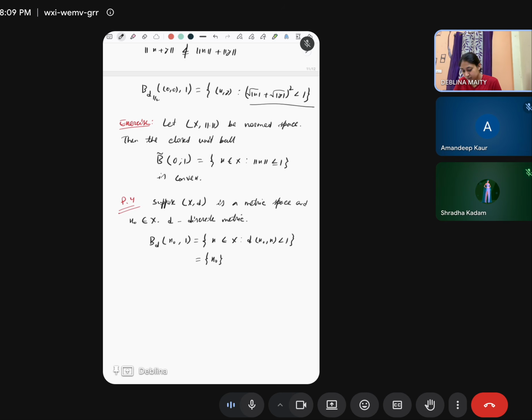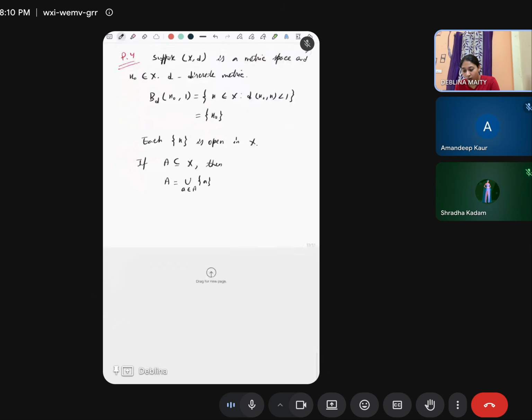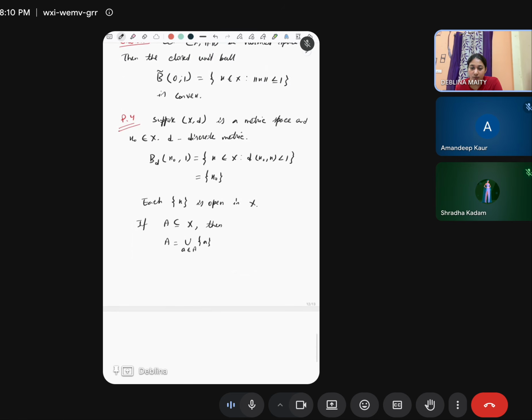So this means the singleton sets are open. This singleton set {x naught} is open in X, right? So every singleton in X is open, and if A is a subset of X, then we can write A as the union of the singleton sets over all the members of A, right? All the singletons are open, and we know that an arbitrary union of open sets is open.